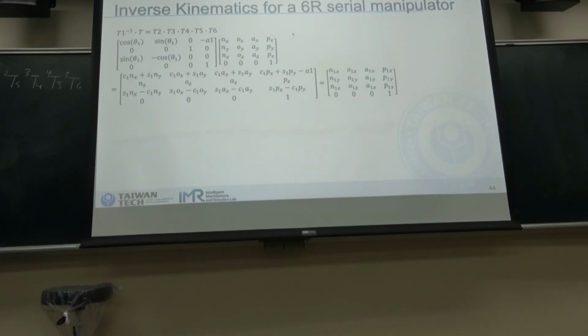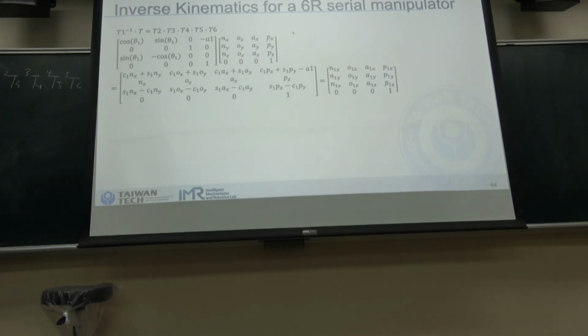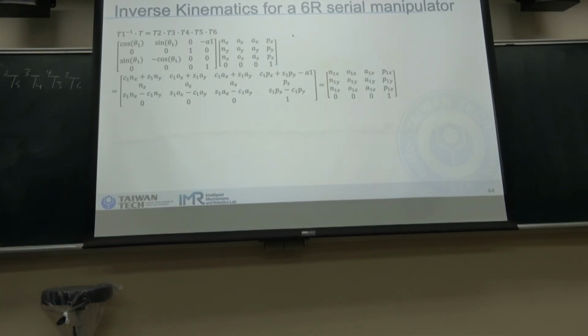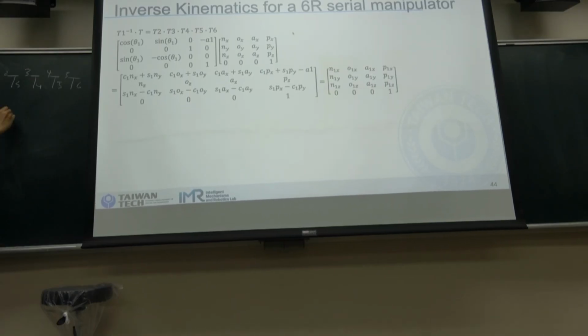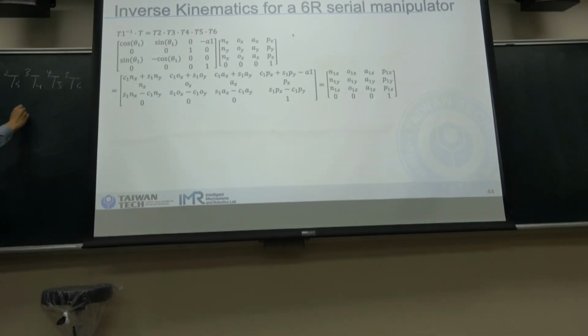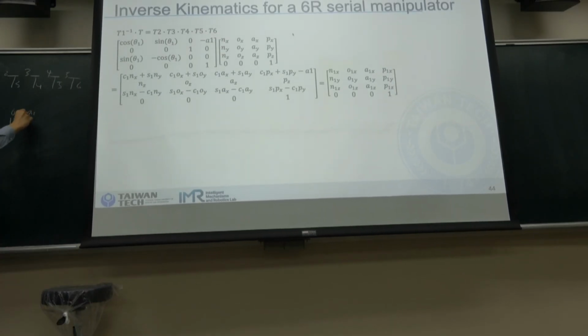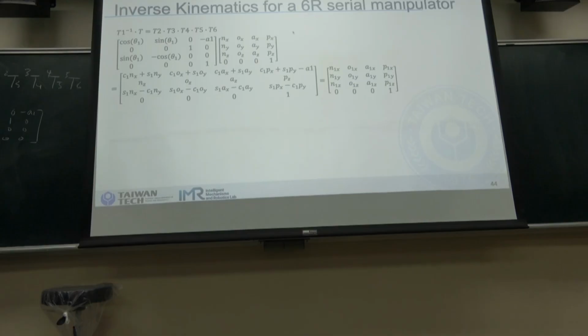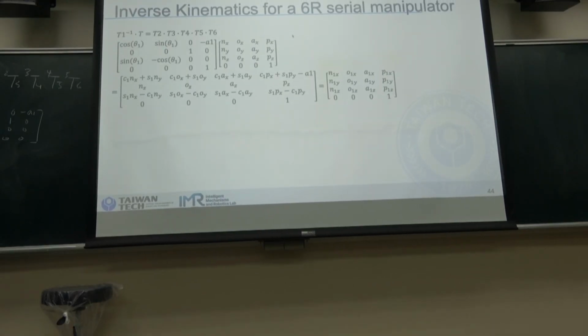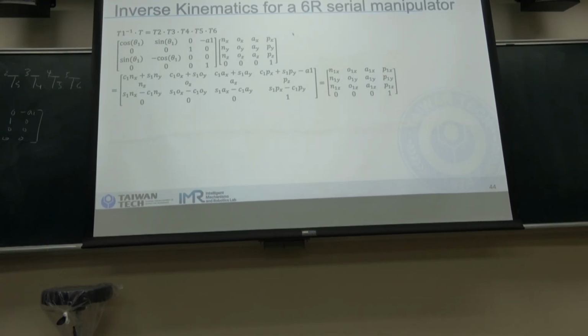For the first one, the inverse will be cosine theta 1, 0, sine theta 1, and sine theta 1, 0, 1, 0, minus A1, 0. So this will be the inverse of the first transformation matrix.